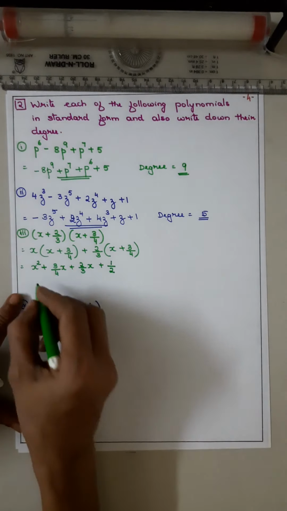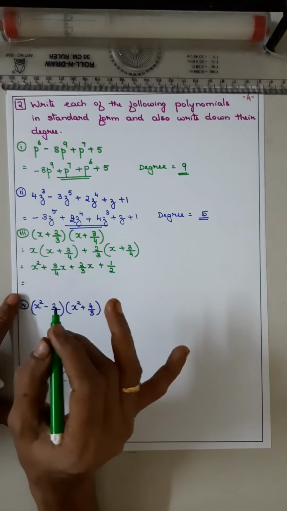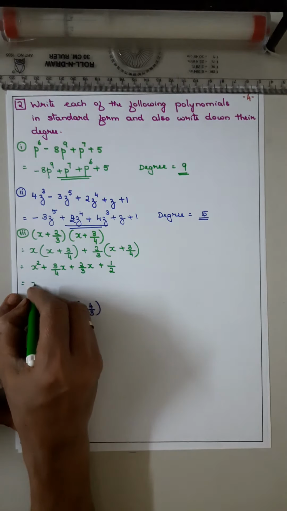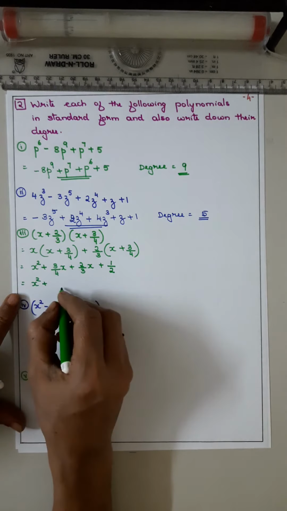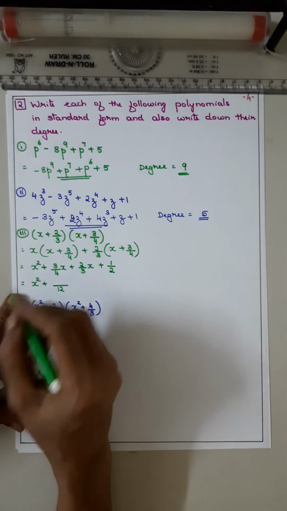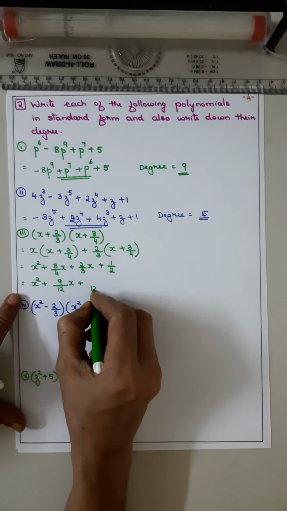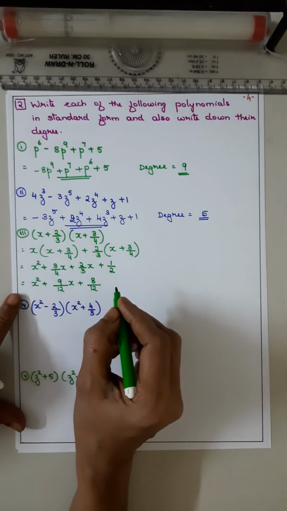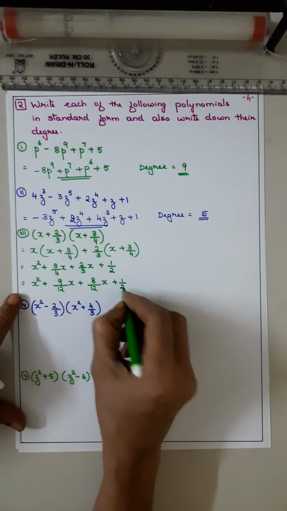Isn't it? Now you have to take the LCM here, like terms you have to solve, take the LCM. So it becomes 4 and 3, it is 12. So 4 threes are 12, 3 threes are 9 plus, here 3 fours are 12, 4 twos are 8 x plus 1 by 2.